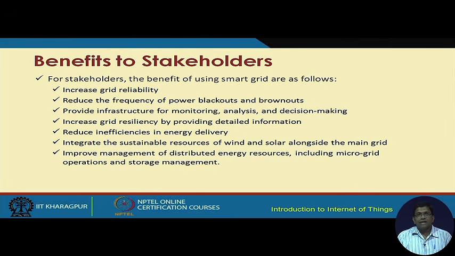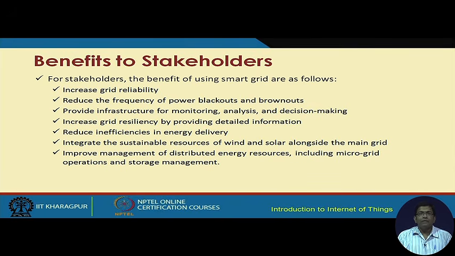Brownouts can happen intentionally, typically, though it can be unintentional also, that for a few hours the electricity load in the grid is lower. It is not a complete blackout, but with reduced load. So that is the brownout. The other stakeholders can reduce the possibilities of blackouts and brownouts.